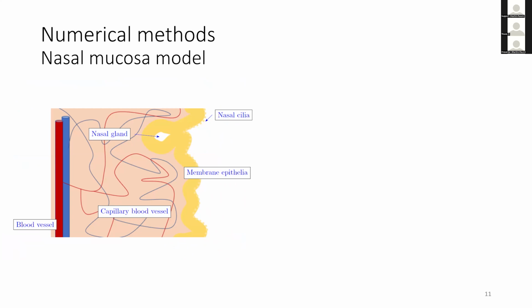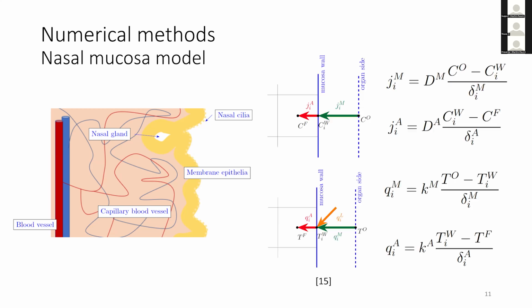For example, the production of the mucus in this nasal gland, or the nasal cilia, which are these fine hairs that make sure that particles are guided in the right way. And then we have this very thin mucus layer, which is crucial for the humidity because we have lots of effects going on, latent heat effects, the production of the fluid, and so on.